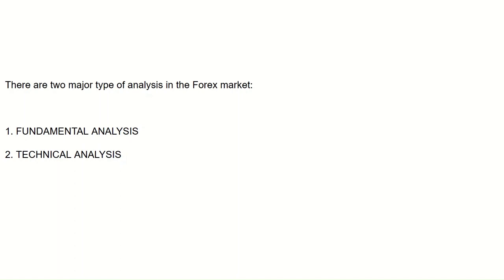Well, you don't have to argue with them. They can have as much as they want, but there are two major types that traders talk about and use in the forex market. The first one is fundamental analysis. The second one is technical analysis. And this analysis is what we use to form our bias in the market. It is this analysis that we use to know the direction that the market is most likely going to end up at.